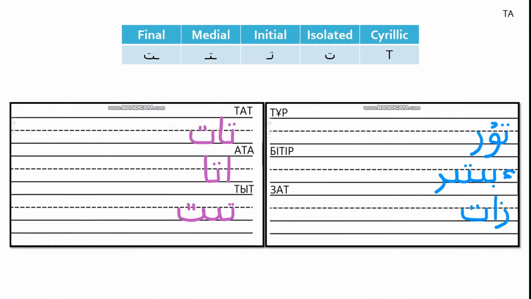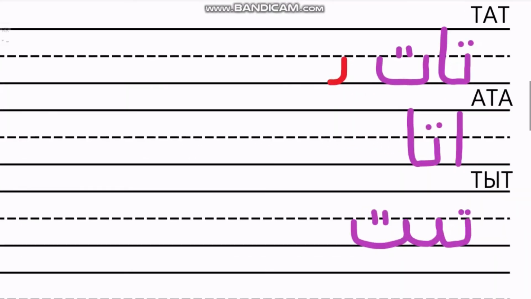There is one more letter that shares the same base form, ta, which corresponds to the Cyrillic letter te. This time there are 2 dots and they are on top.